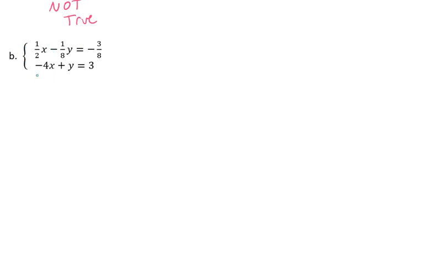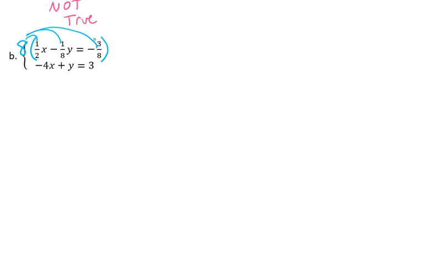What can I multiply my top equation by so that my 1/2 x will turn into a 4? If you take half of what number, will you get 4? What's 4 times 2? 8.